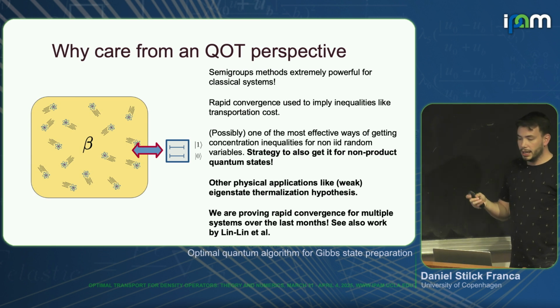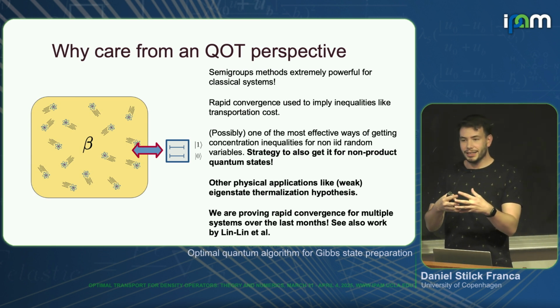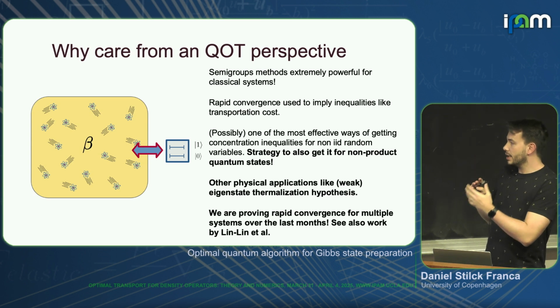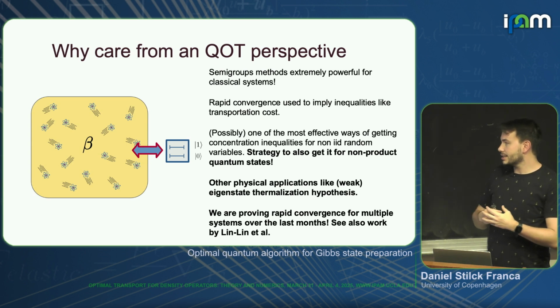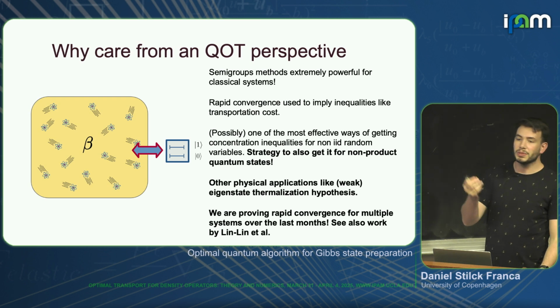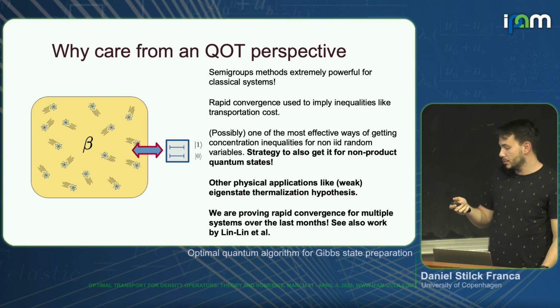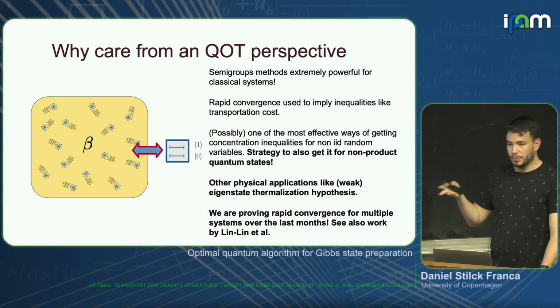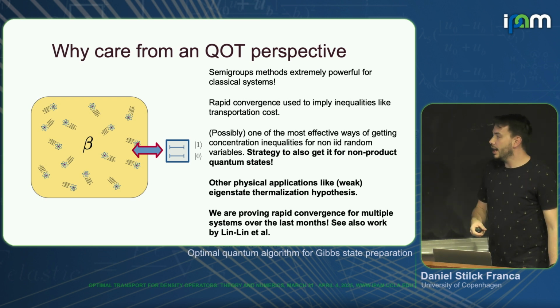So hopefully we can combine these ideas to get more and nicer concentration inequalities for non-product quantum states, not necessarily probability distributions. There are some works already in this direction by some people here in this room.